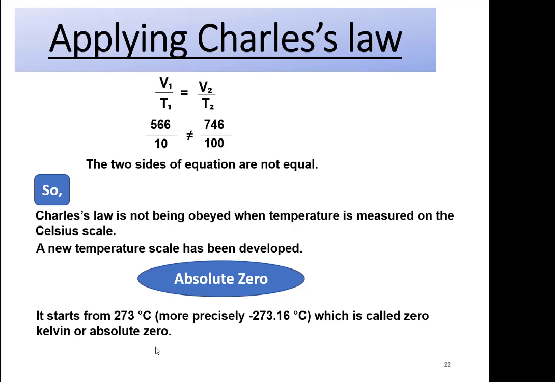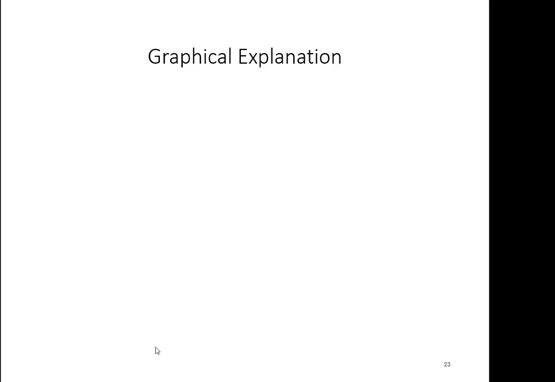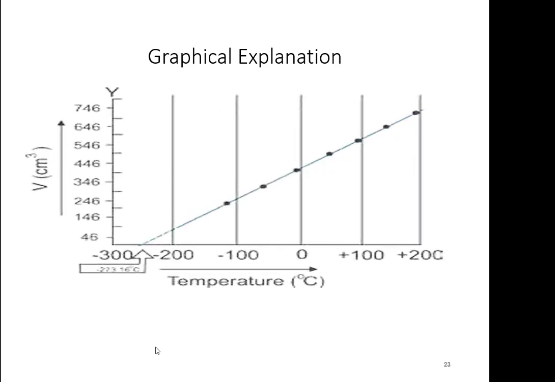Let us now explain how the new temperature scale has been developed. The best way is to plot a graph between the variables of Charles's law. Let's have the graphical explanation of the variables of Charles's law. You already know that the variables of Charles's law are temperature and volume.